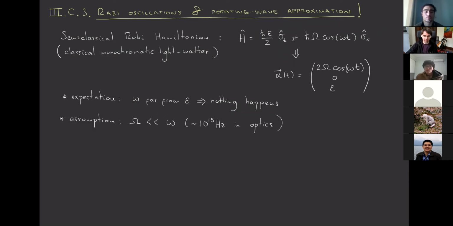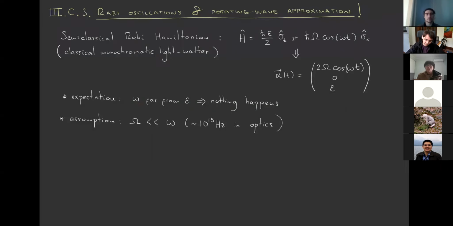We assume that our mathematics will give us that when omega is much more different than epsilon, then nothing happens. And what we will see today is that this is exactly what happens. And actually, we will understand what it means to be too large or too small compared to epsilon. Because right now I am just saying if it's much larger, but what does that mean? How do we quantify when the difference is too large?